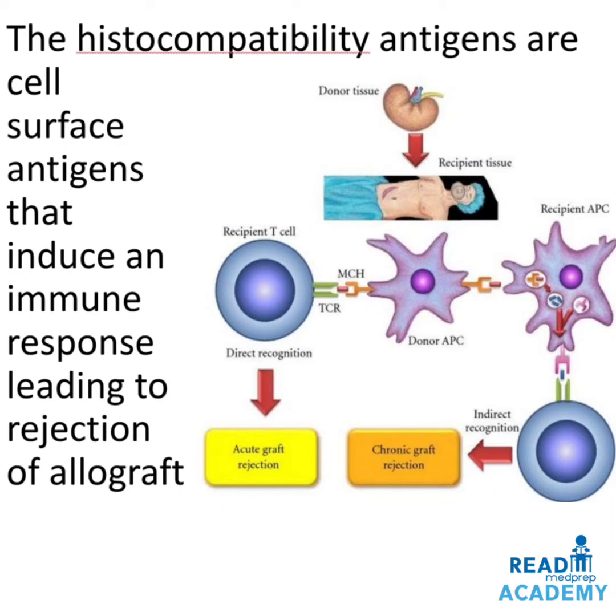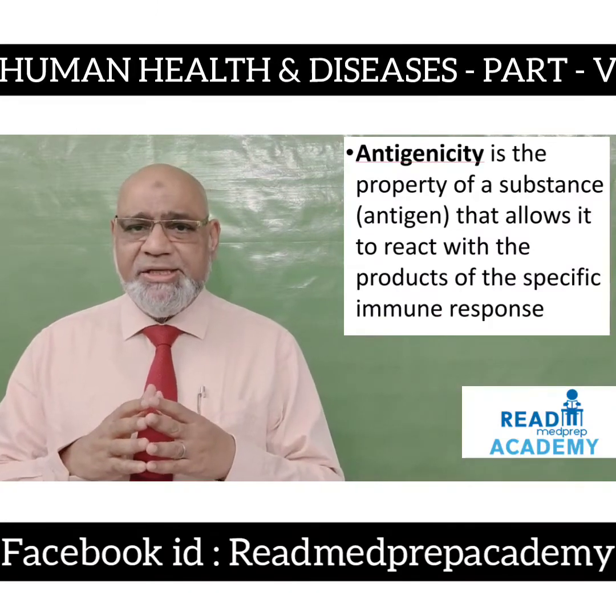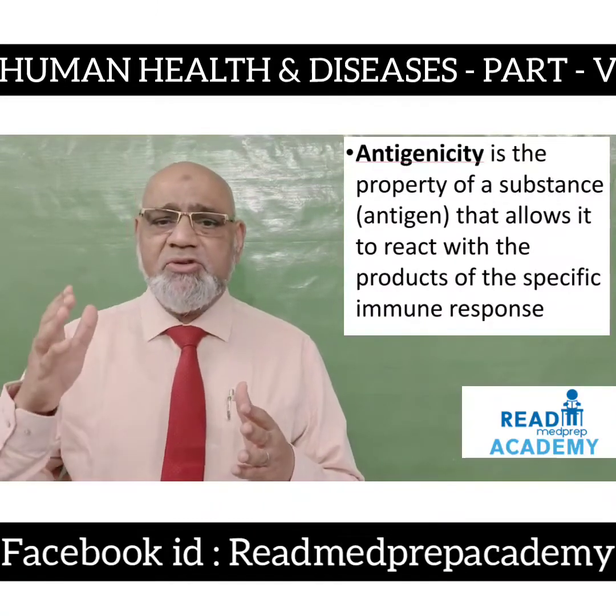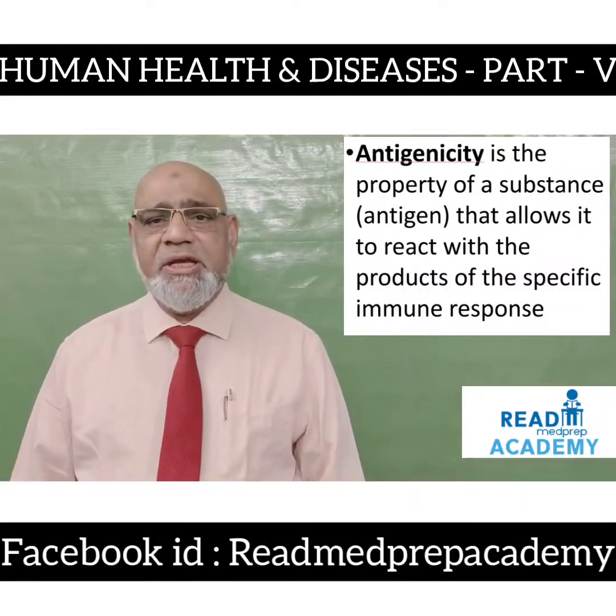Or sometimes the T cell receptors get attached to the recipient cells, and the donor antigen presenting cell is formed by the dendritic cell, and this exposes itself to the recipient antigen presenting cell, and this indirect recognition results in chronic graft rejection. What is antigenicity? It is a property of a substance or an antigen that allows it to react with the products of the specific immune response.